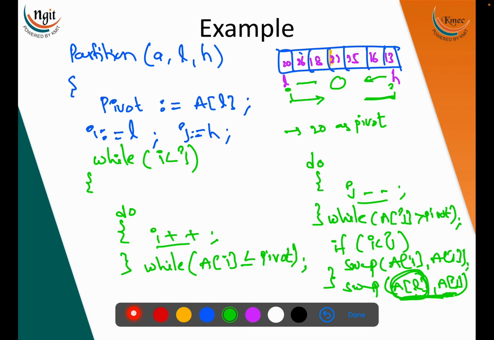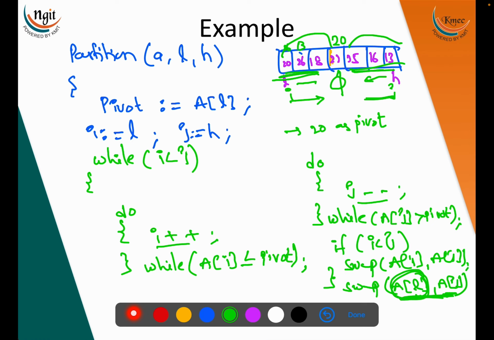Let us see, if you find this is the correct place of the pivot element, what happens? Pivot 20 will come here, and 18, 16, 13 may or may not be in order, they will fall this side. And after 20, whichever elements were there, all will fall this side. It is not certain that the left side will be sorted and the right side will be sorted. No, it may not be true.